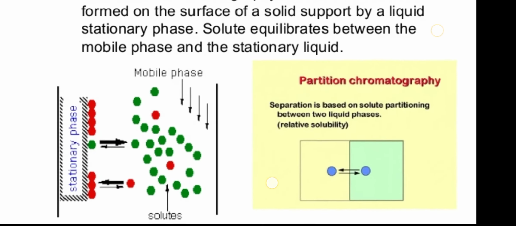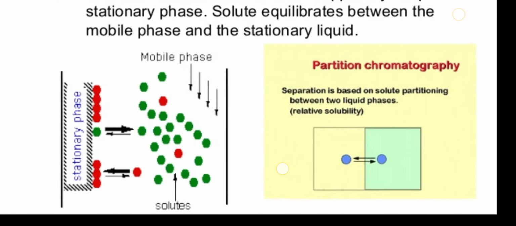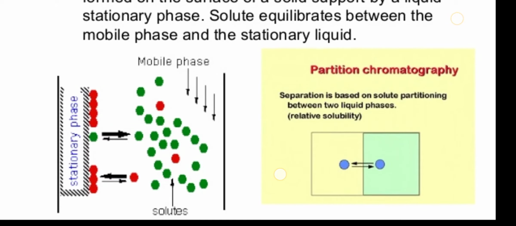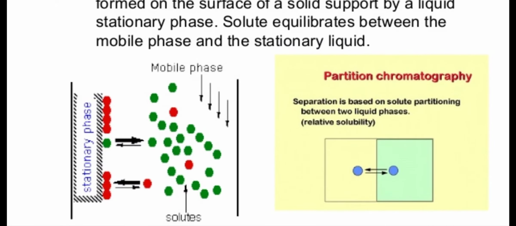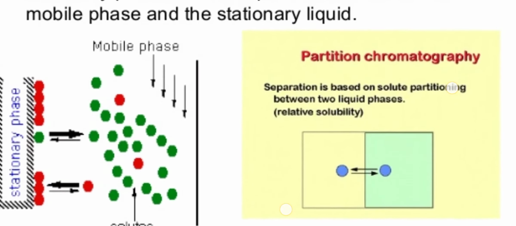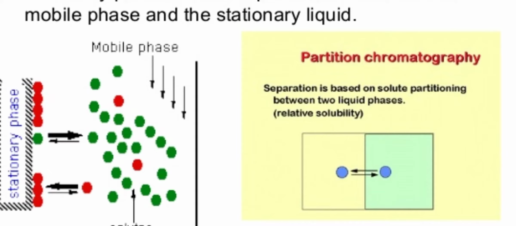As you can understand from this figure, in partition chromatography, separation is based on the solute partitioning between two liquid phases. The principle is the relative solubility.